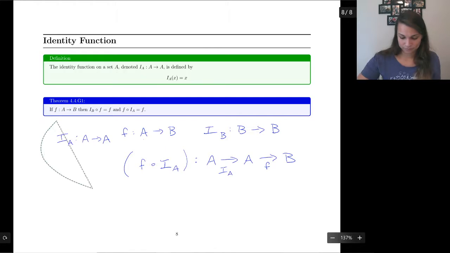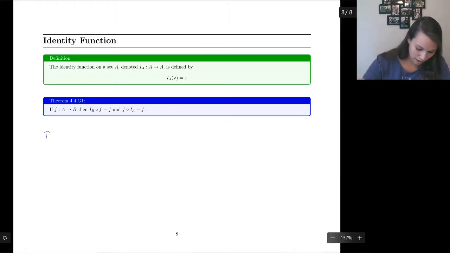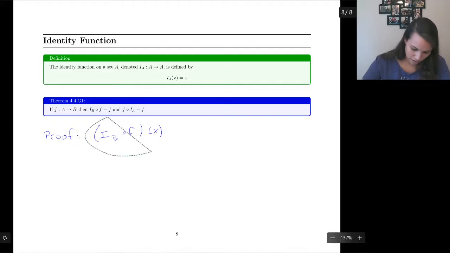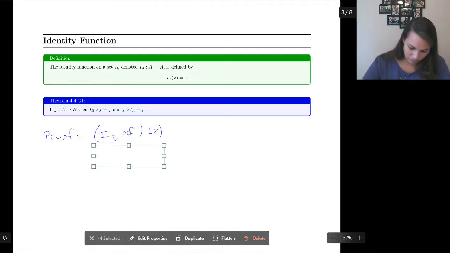Anyway, let's go ahead and prove this really quick. It's not elaborate at all. The first one we have is the identity function composed with f. So then let's make this a little bit more formal.